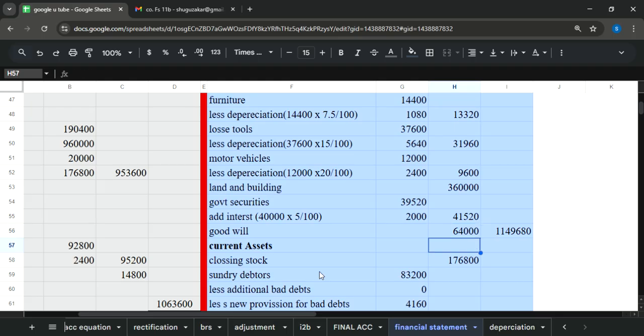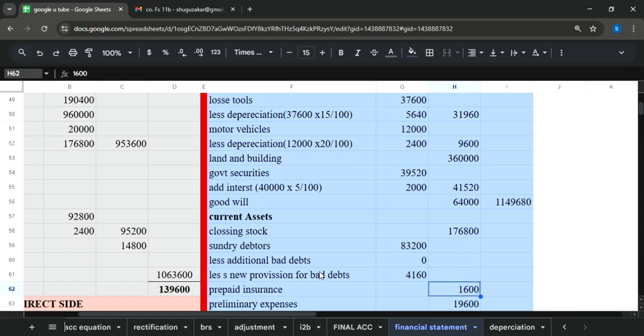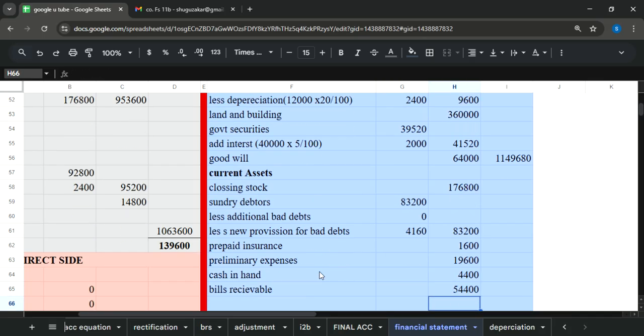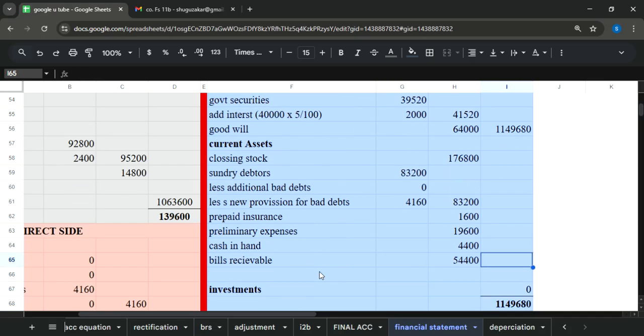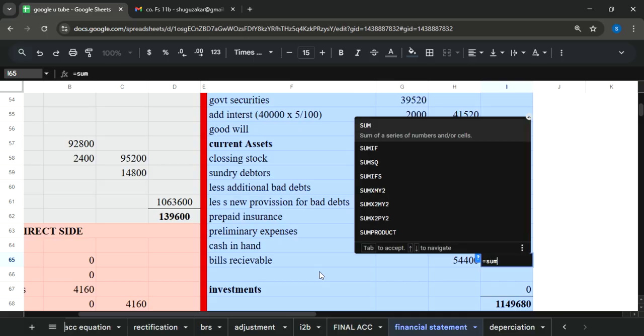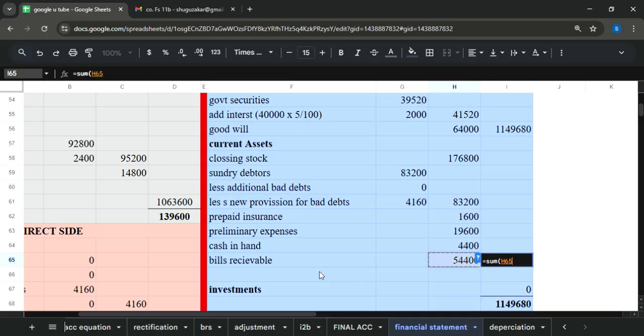Now we will be focusing upon current assets. What we have got is sundry debtors less additional bad debts and less new reserve. We have got the debtors amount, no other adjustment required. Let's take the sum of all current assets.